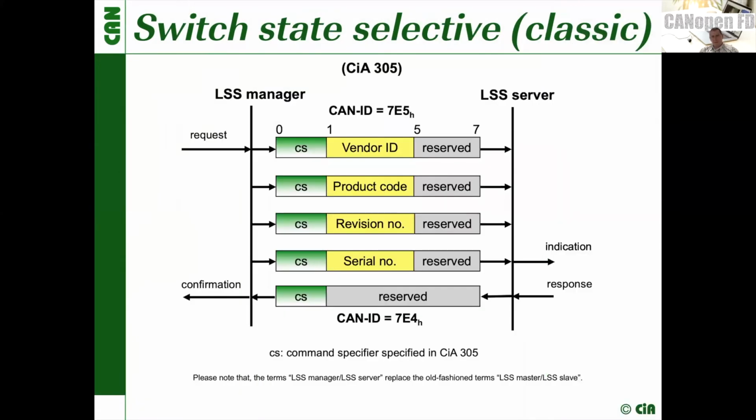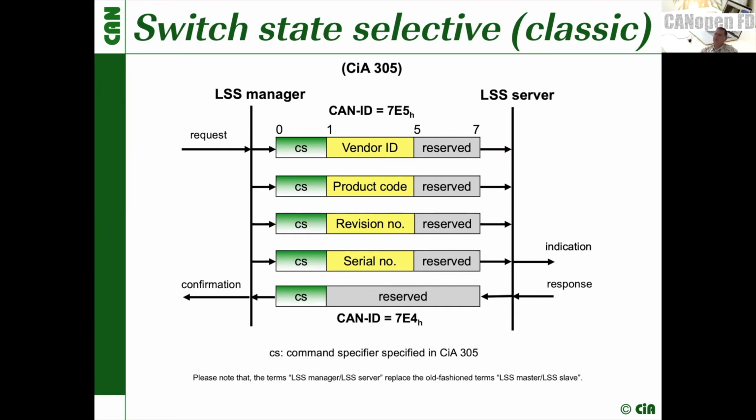In the switch state selective command specified in CiA 305, the classic CANopen layer setting services, you say via four data frames that the device of this vendor with this product code, this revision number, and this serial number shall go into a configuration state so that I can hand over a new node ID.